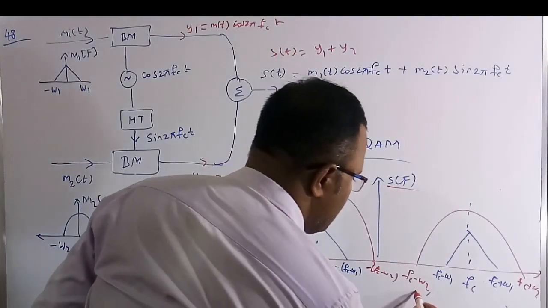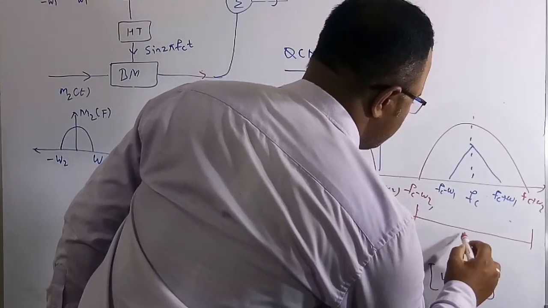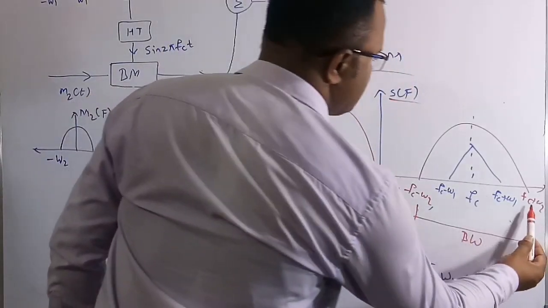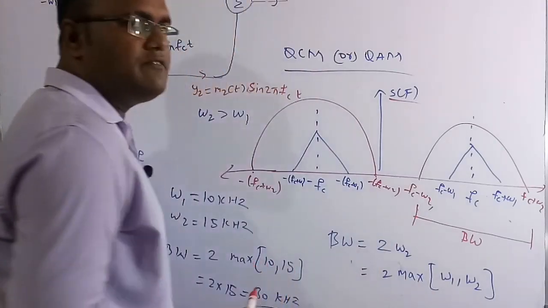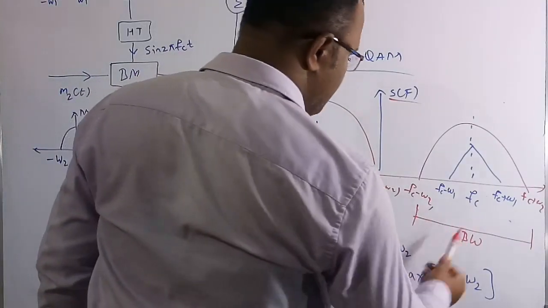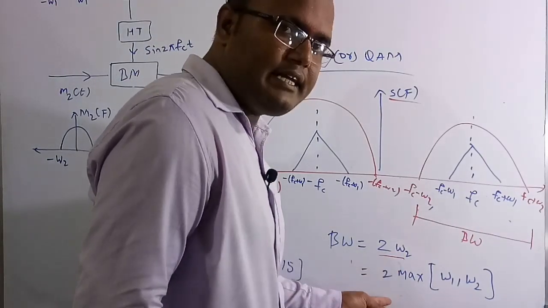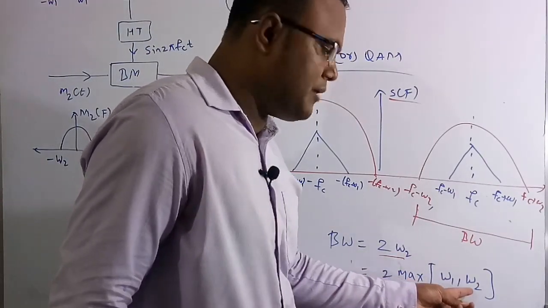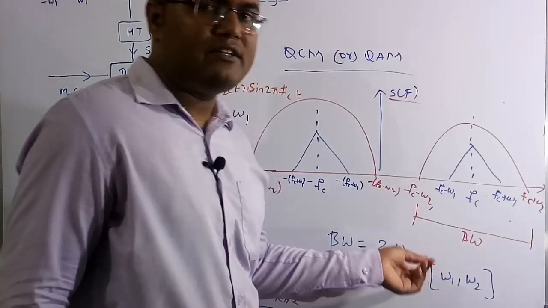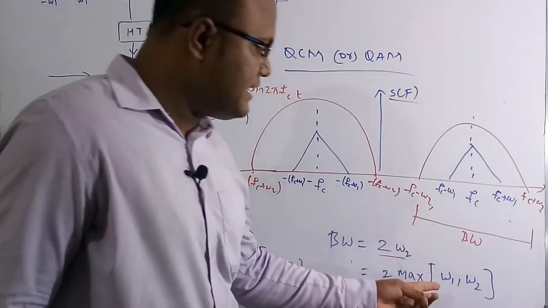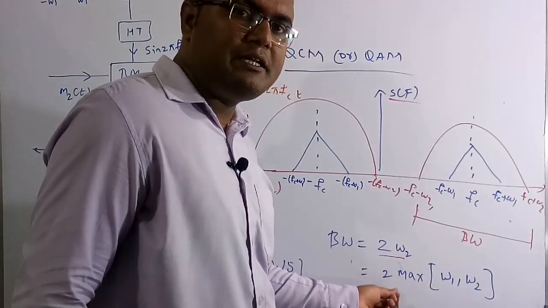Bandwidth is nothing but the highest frequency minus the lowest frequency. The highest frequency is fc plus W2 and the lowest frequency is fc minus W2. If you do the subtraction, we get 2 W2. So we can simply write it as 2 into max of W1 comma W2. Of these two signals, whichever bandwidth is highest, we need to take and multiply by 2.